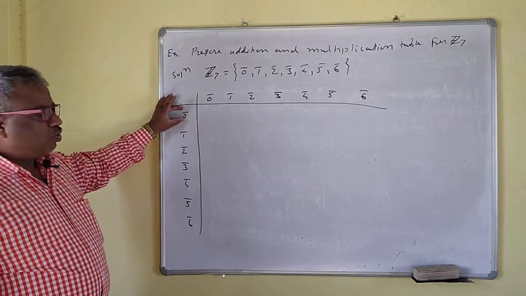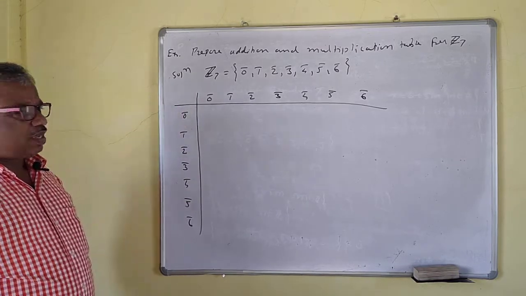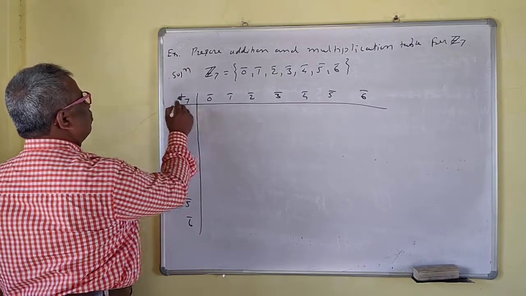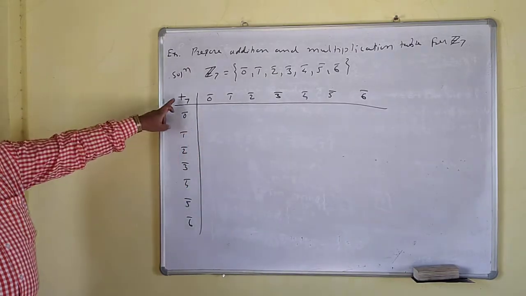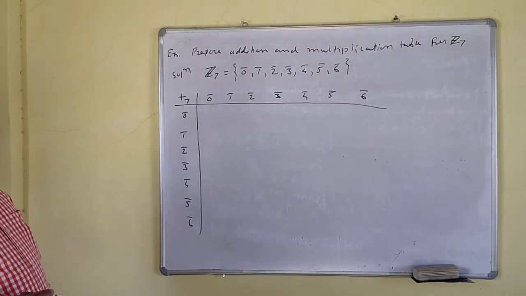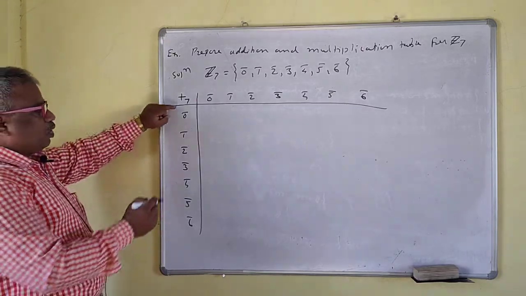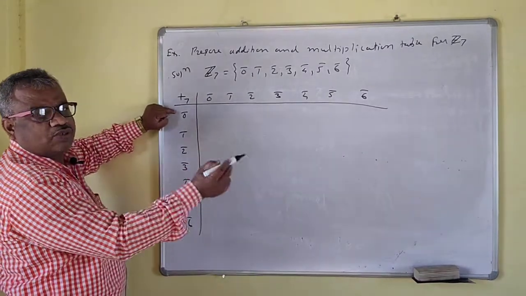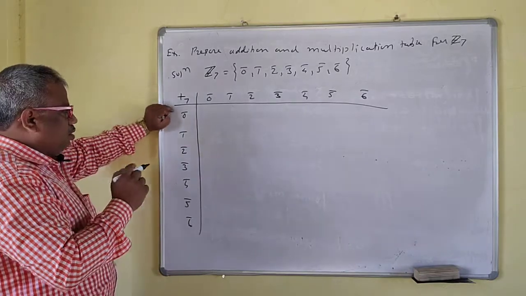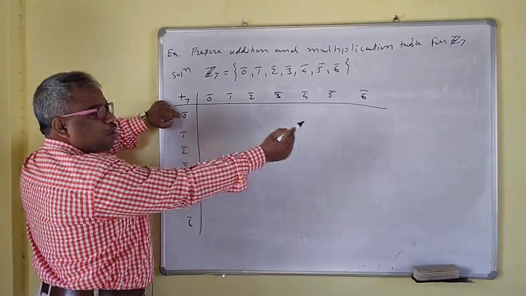Between these two rows, just write this 0 bar 1 bar.